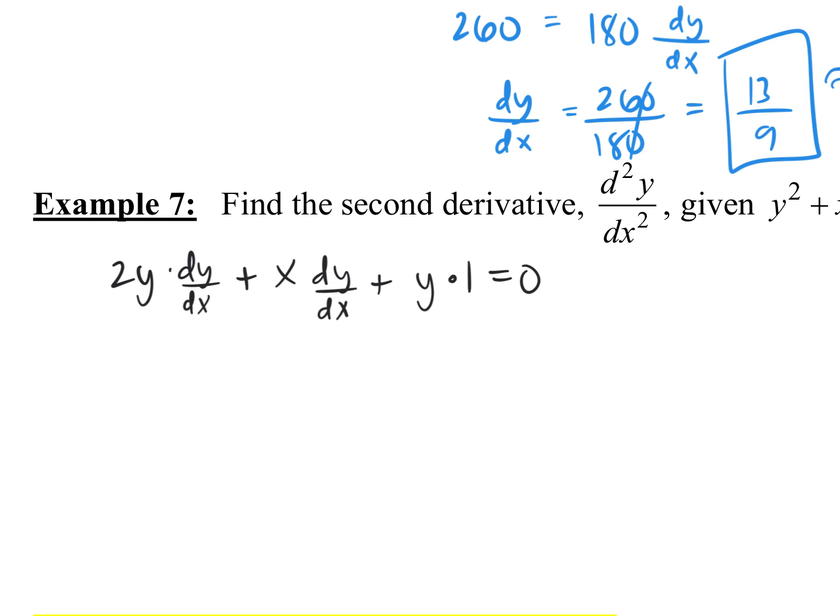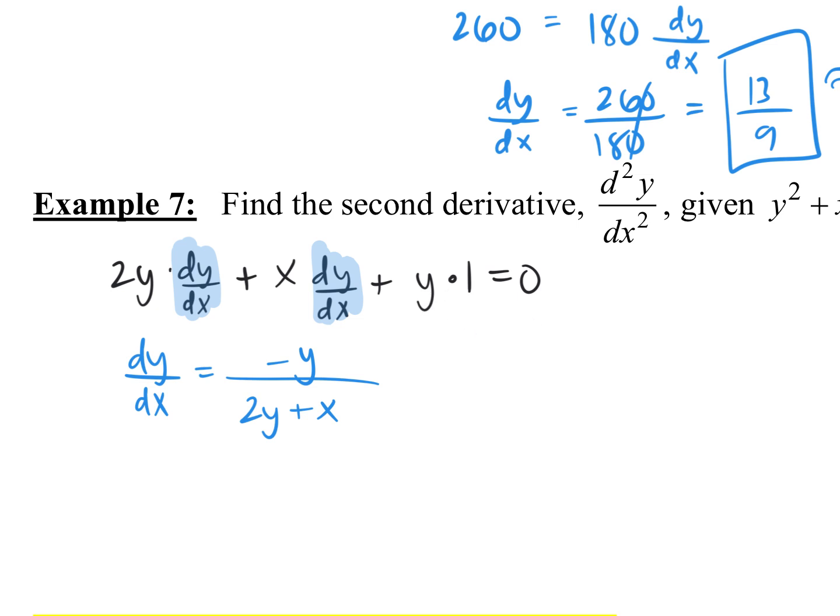So then if I solve this for dy/dx, I'm pulling out that dy/dx, and I end up with, after I do a little bit of math, dy/dx is going to equal negative y divided by 2y plus x. Okay? We good with that? So like we subtracted y first, right?